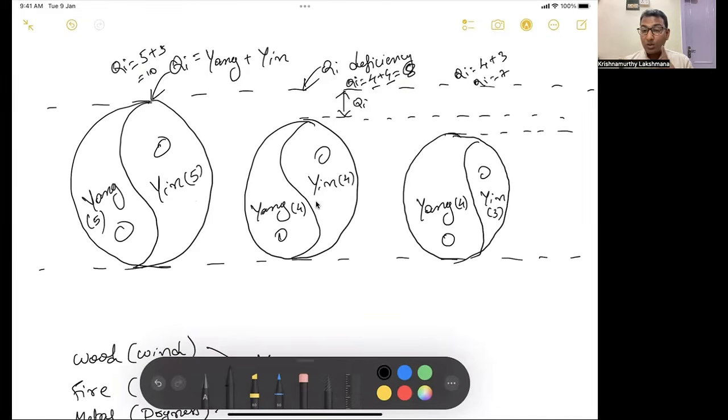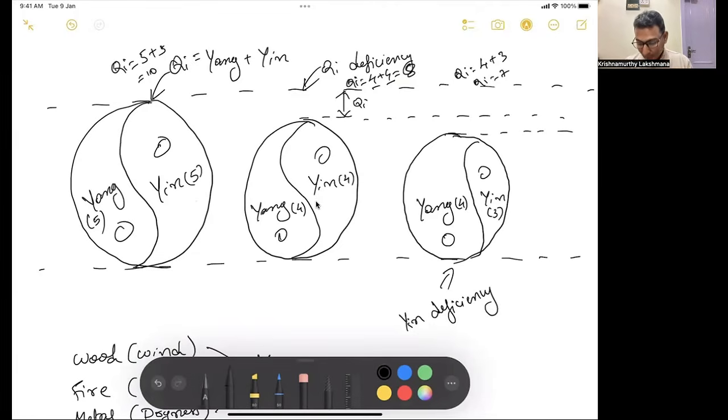But what is happening? Yin is less than yang. So what do we call this? We call this yin deficiency. Okay.